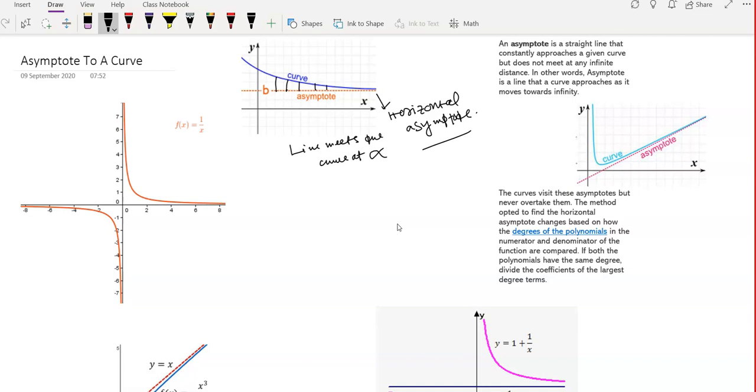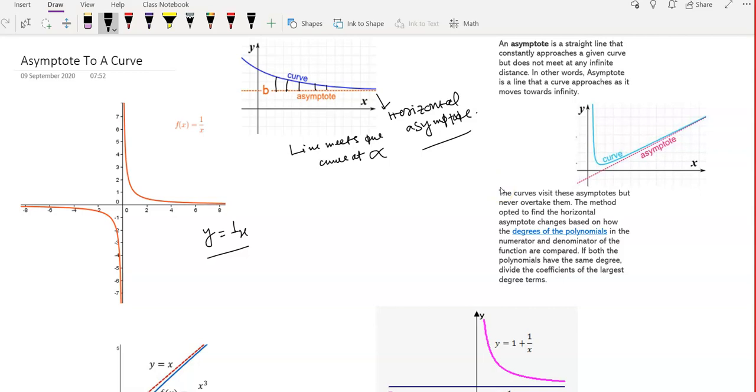Okay. Now this curve is well known. All of you are doing it in other branches of science also. This is y equal to 1 by x. This curve is symmetric about the origin. It lies in the first quadrant as well as the third quadrant.